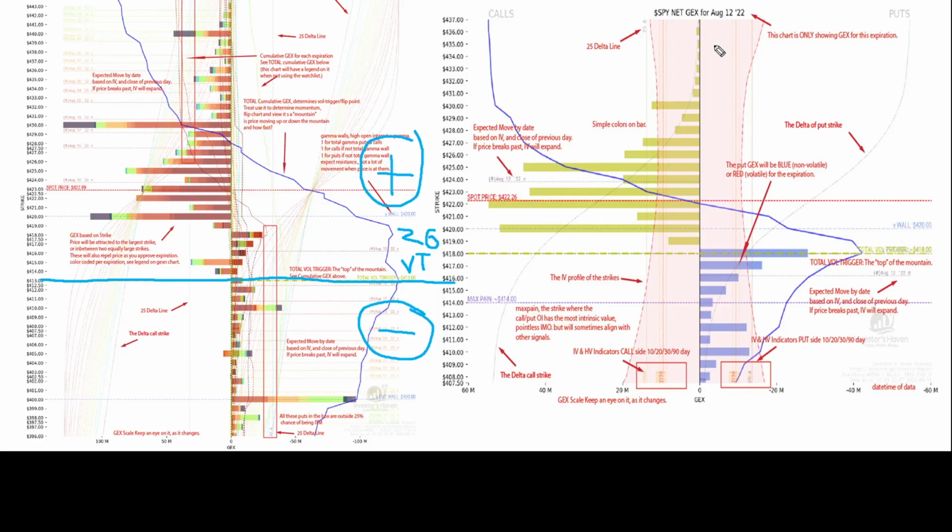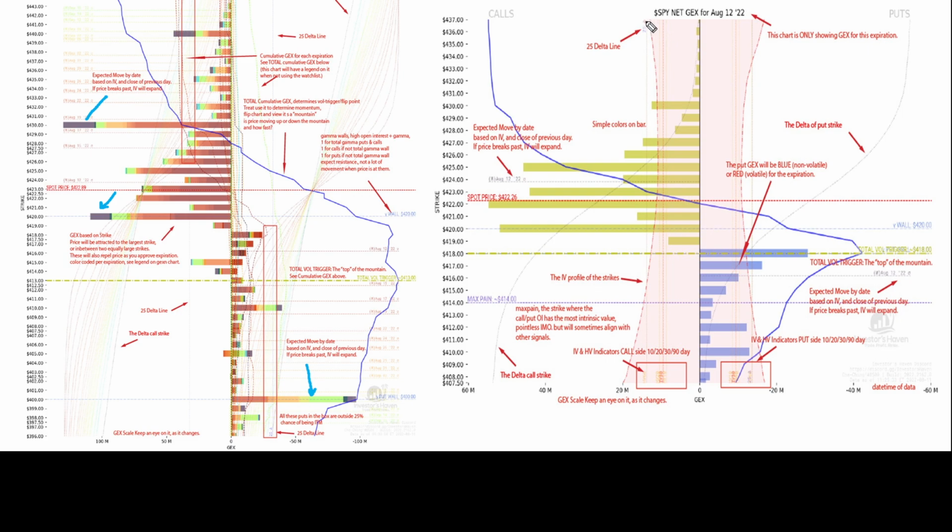Here on the left, and on the right is the 0DTE data. These GEX levels are more sensitive than the 98 DTE. Why? Because 98 DTE means that all these levels expire in 98 days, but that GEX of that option position expires on the same day.